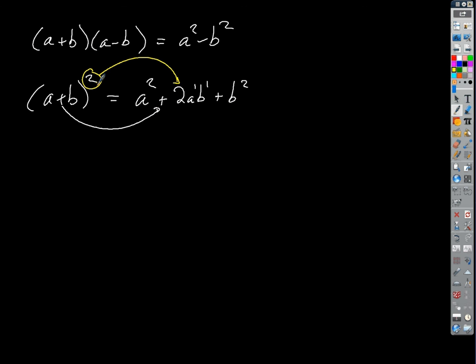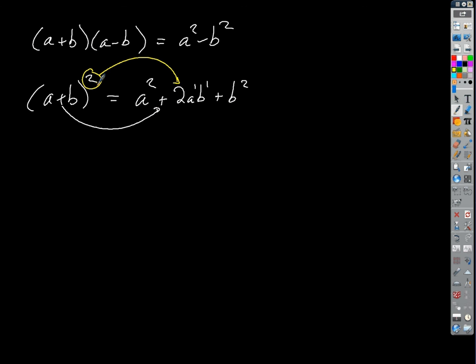See how that works? And then the outside terms are just going to be a squared and b squared, right? The inside term, the coefficient, is the 2 that shows up there in the exponent. Notice that the first sign is always going to be the plus. It's going to be the same as what's in here.